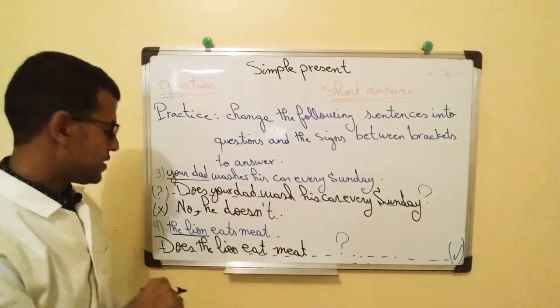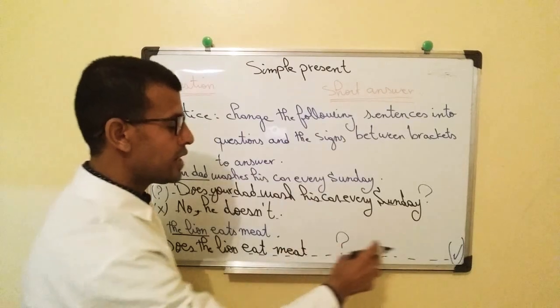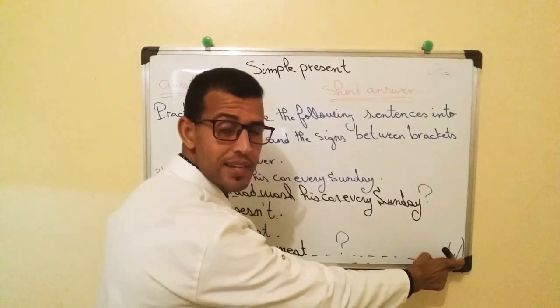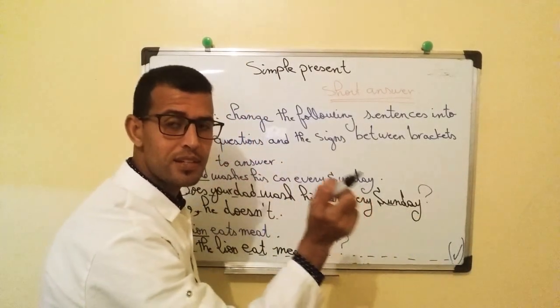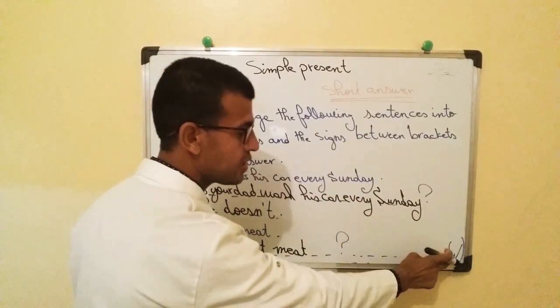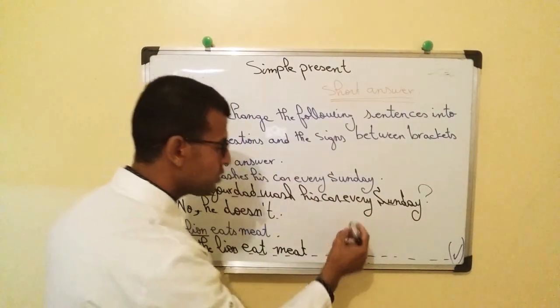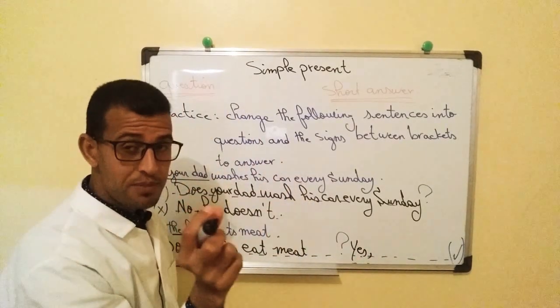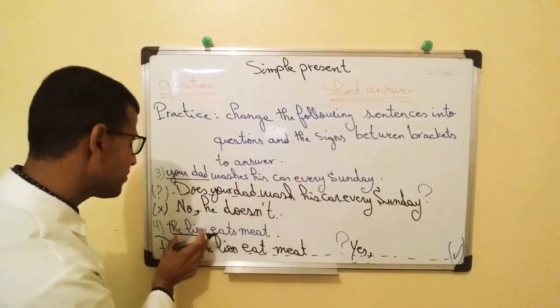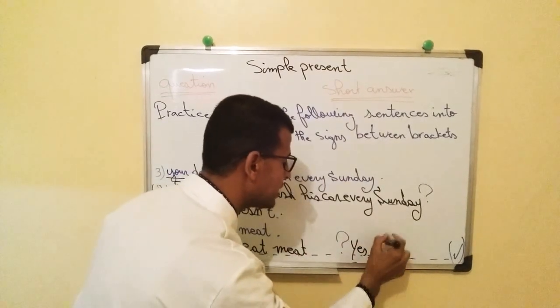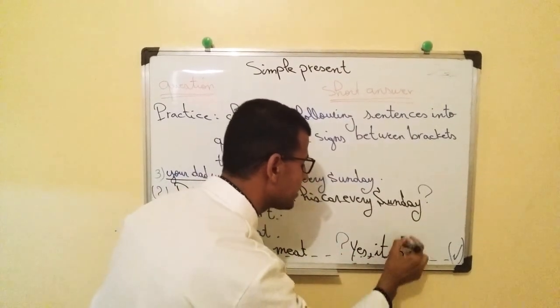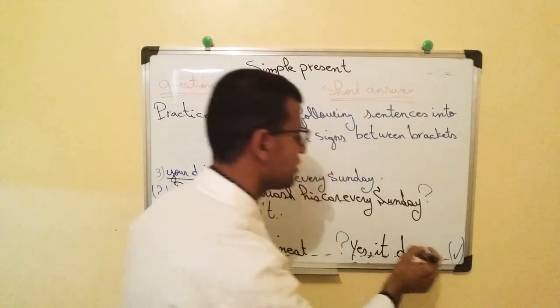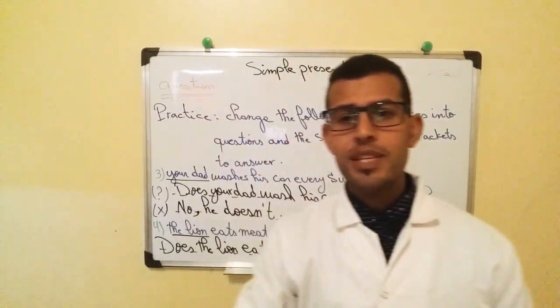Does the lion eat meat? So the answer is what? We need the affirmative short answer yes, because I give you a tick. The answer is yes, plus the subject pronoun. Instead of the lion we use it. Yes, it does.